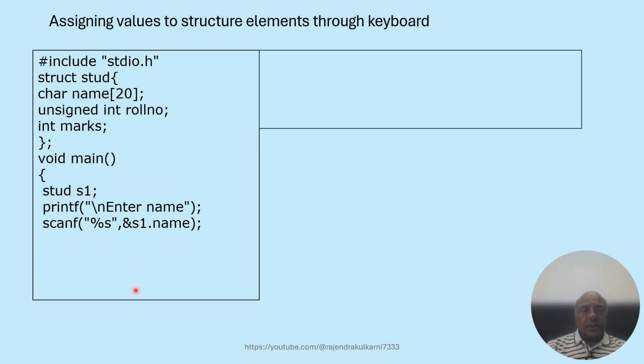S1 is the variable of type stud. It has three individual variables within that structure, and we have to initialize all three using the keyboard.